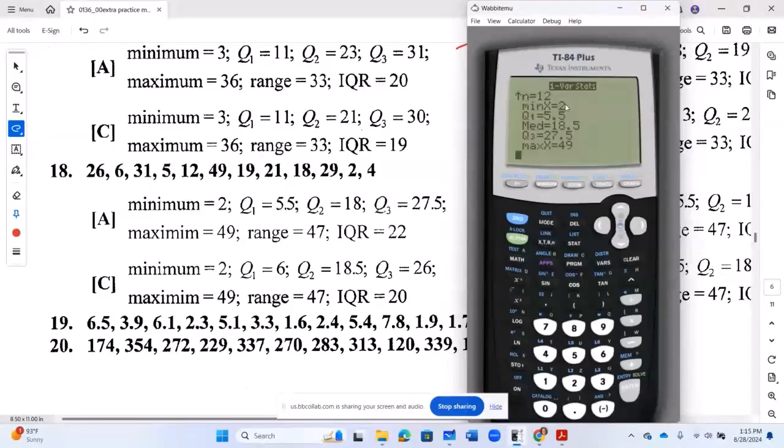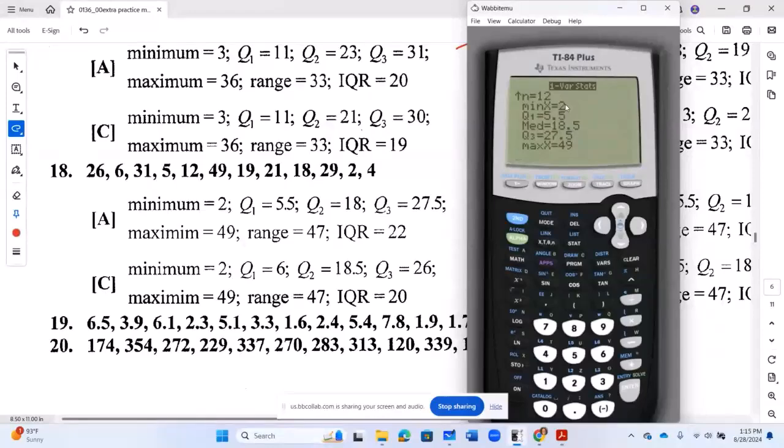So the interquartile range in this data is 27.5 minus 5.5, which is 22. So the correct answer in our data here should be A.